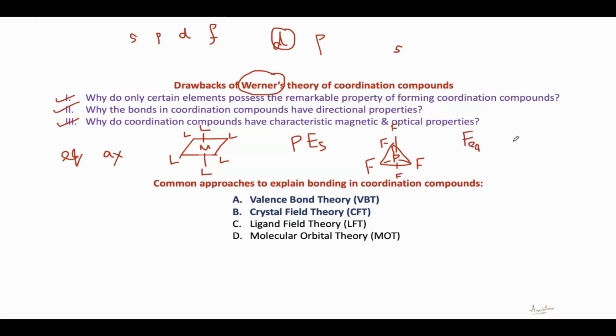So these three fluorine atoms are equatorial, and these two fluorine atoms are axial.